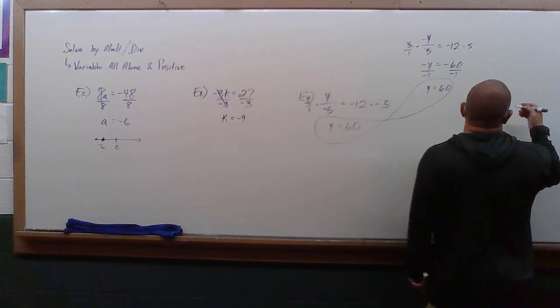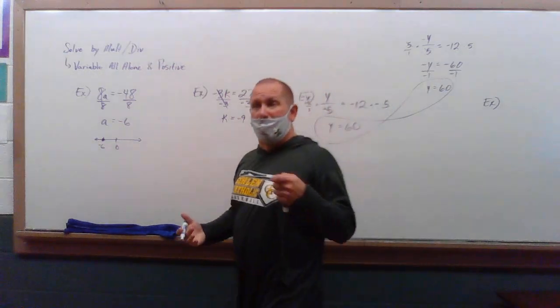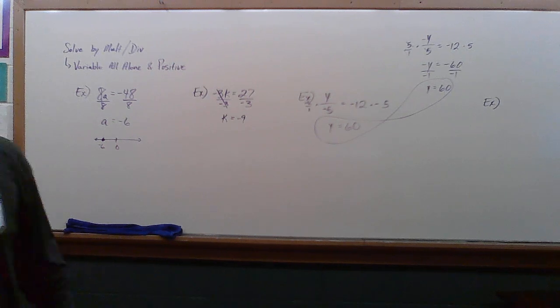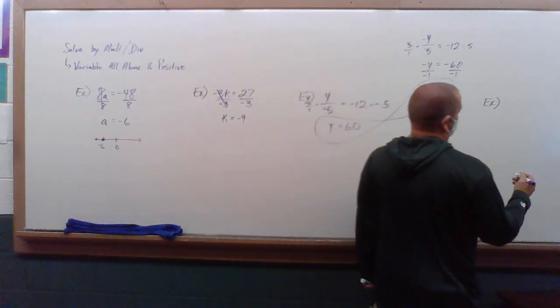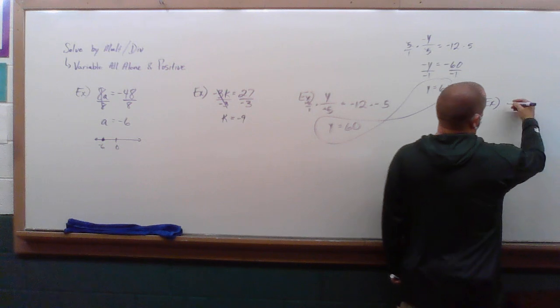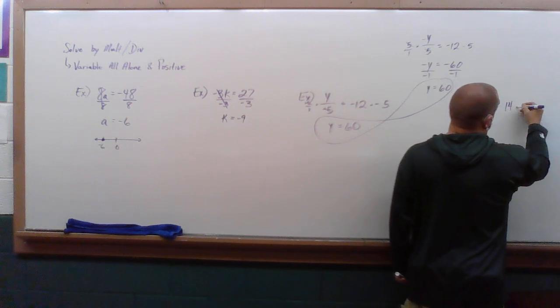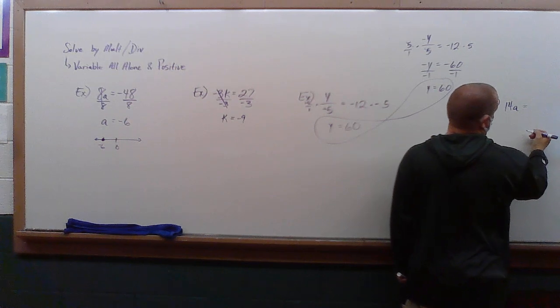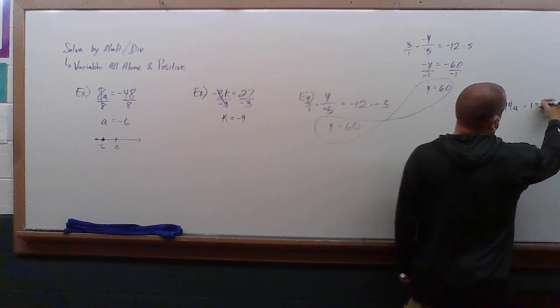Right, but if I wanted to actually write it as a problem with the variable in it, what problem would you write? You could do 14a equals 112. Perfect. And then you just do it.